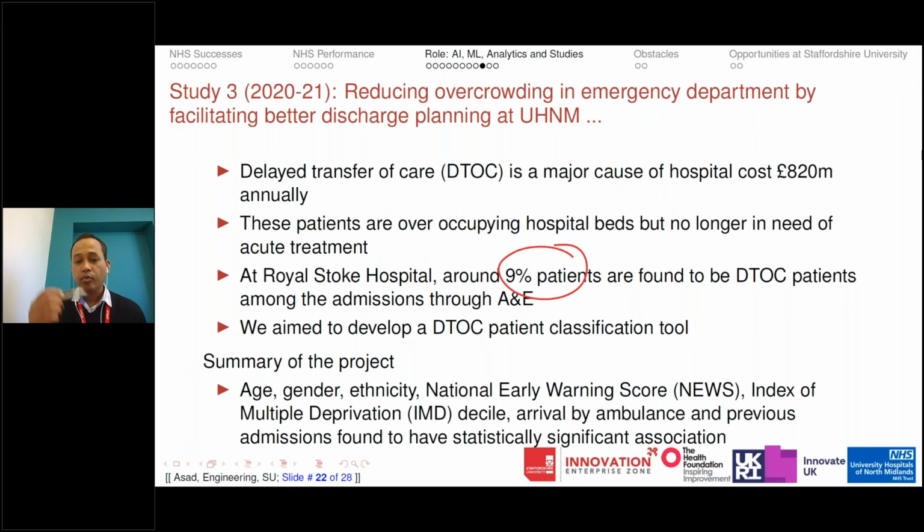So we have developed a tool which is at implementation stage, pilot stage at Royal Stoke Hospital. We have identified 8 variables like age, gender, ethnicity, national early warning score, IMD decile score, arrived by ambulance, previous admission. These are the important factors to classify whether a patient is going to be a delayed transfer of care patient or not.